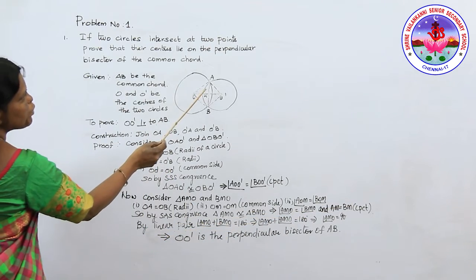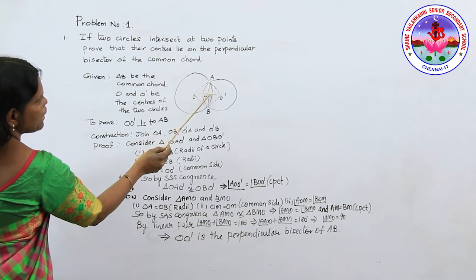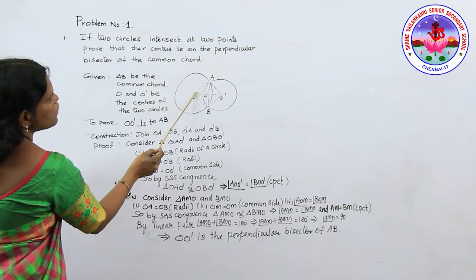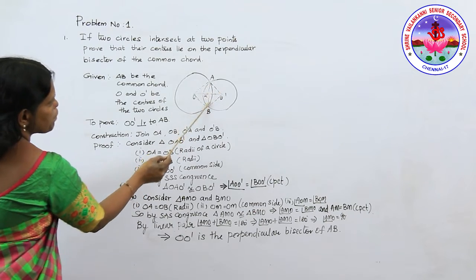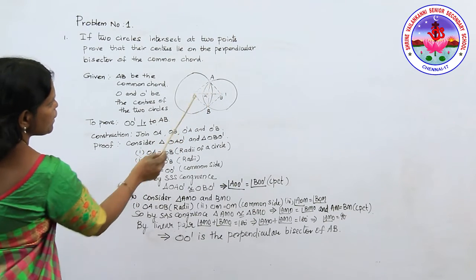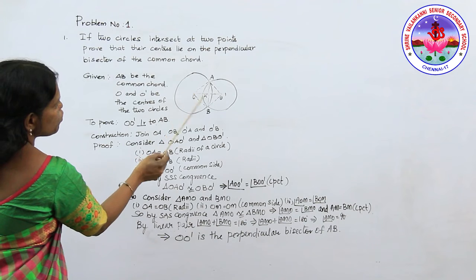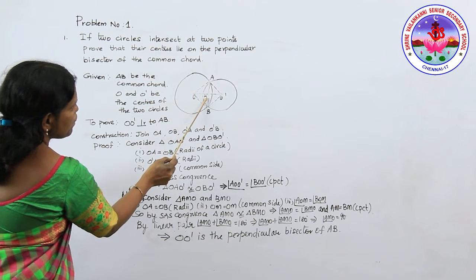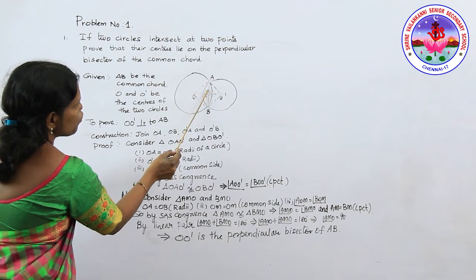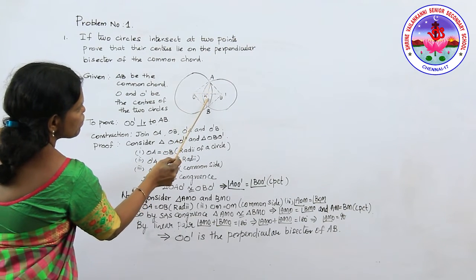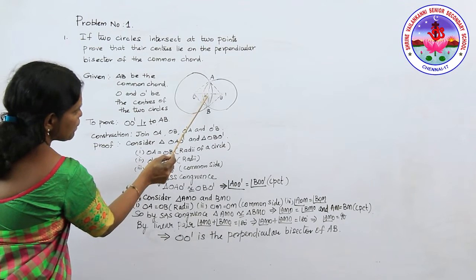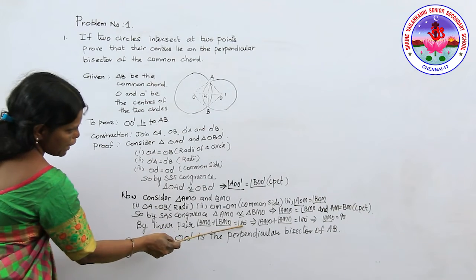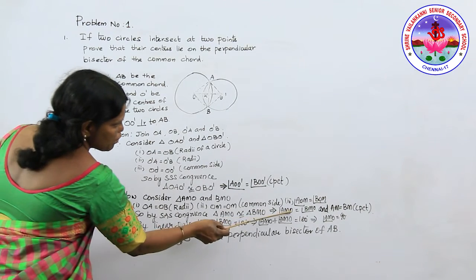Now I want to prove that angle AMO or BMO is equivalent to 90 degrees in order to prove the line OO dash is perpendicular. So we are taking angles AMO and BMO and connecting them with the linear pair. We proved that AMO is equal to BMO, and connecting with the linear pair, I get AMO plus BMO is equal to 180, where BMO is equal to AMO.